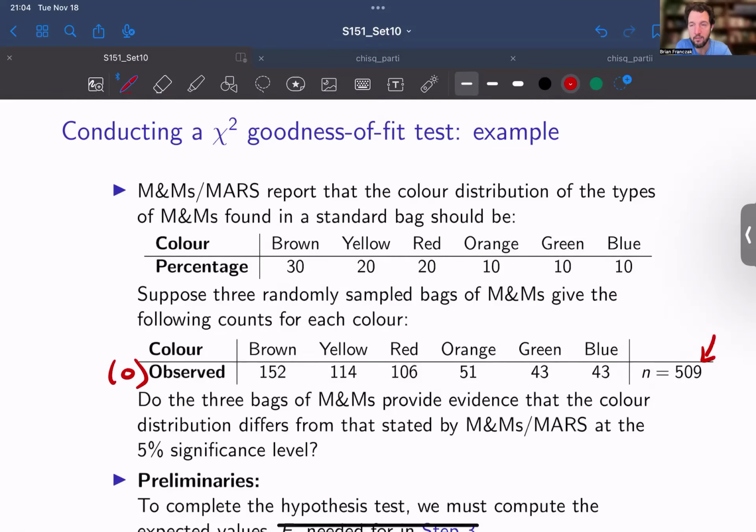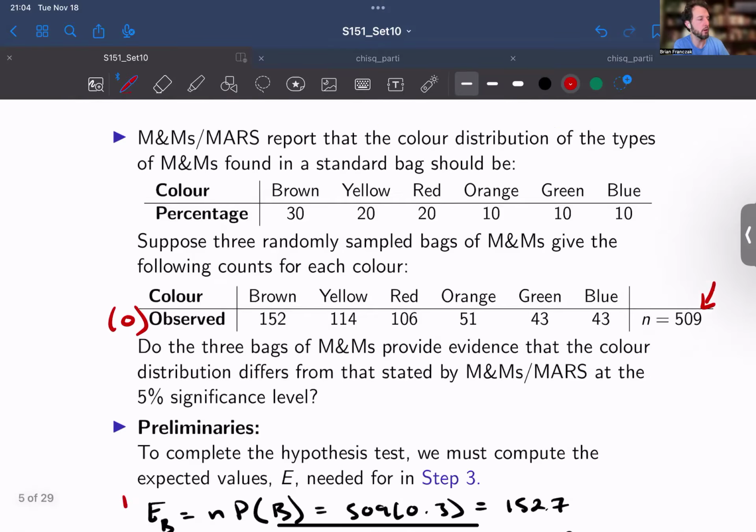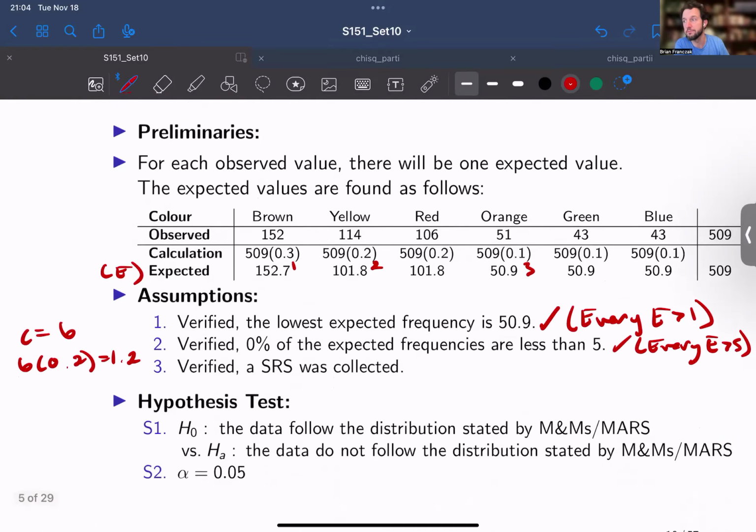So the null hypothesis is that every bag of M&Ms will have 30% brown, 30%, 20% yellow, 20% red, 10% orange, 10% green, 10% blue. Okay, so our null hypothesis is that this percentage distribution is true. The alternative is simply that this is not true.